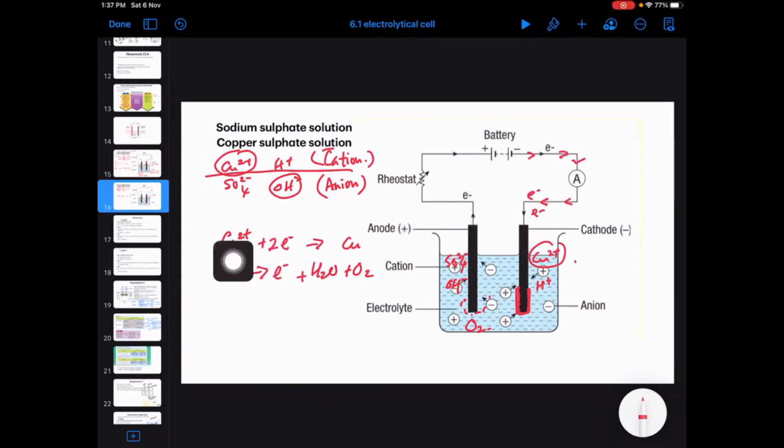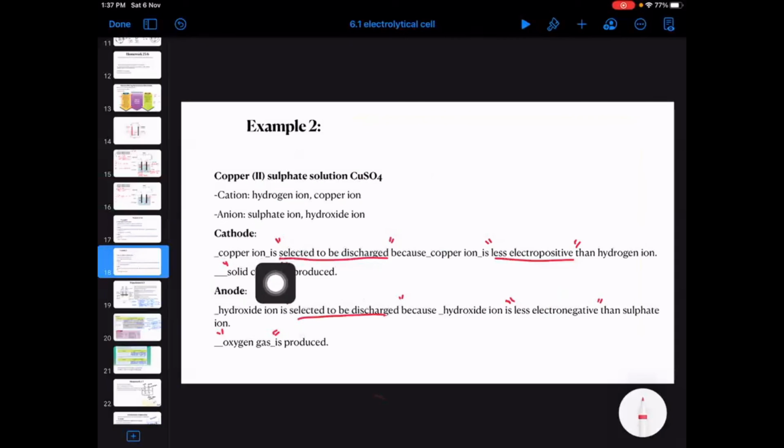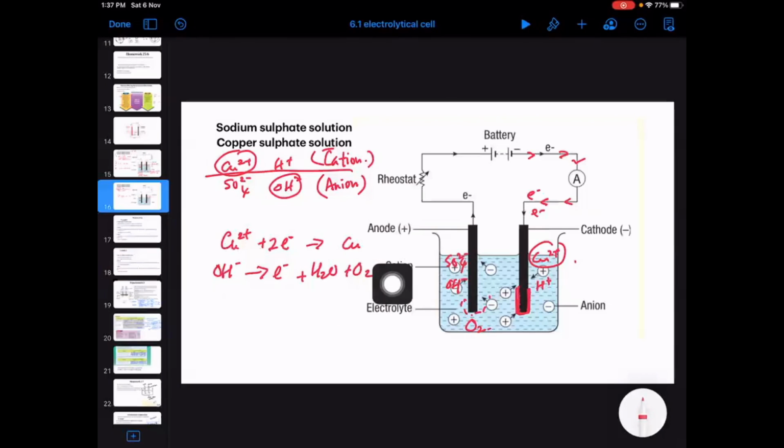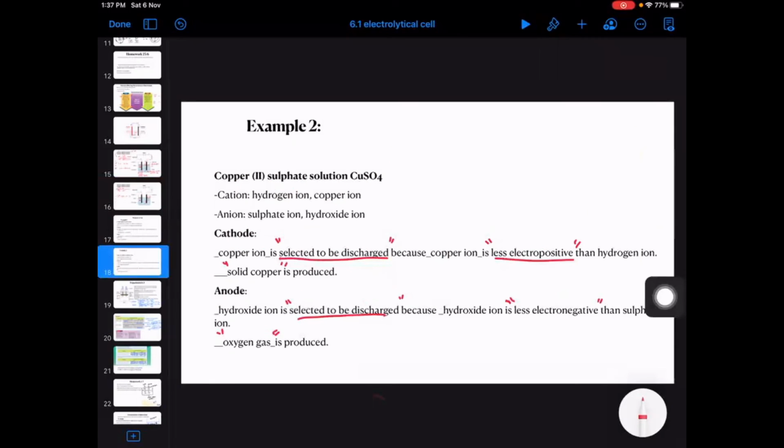But you can explain in even more detail: copper ion is selected to be discharged by accepting 2 electrons. No problem, if you want to explain it like this.